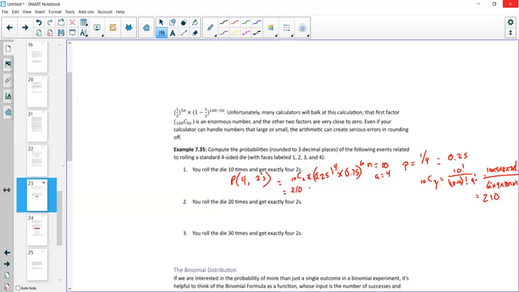So I have 210 times 0.25 to the fourth times 0.75 to the sixth, and this gives me, to 3 decimal places, 0.146.